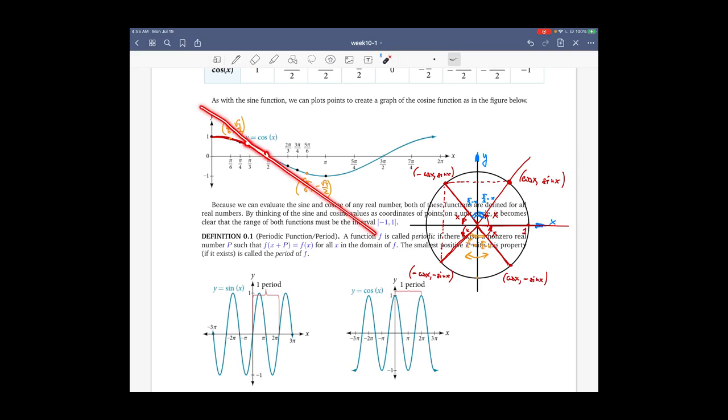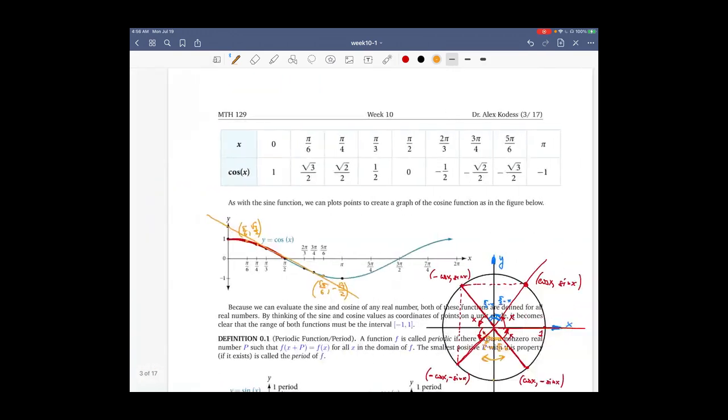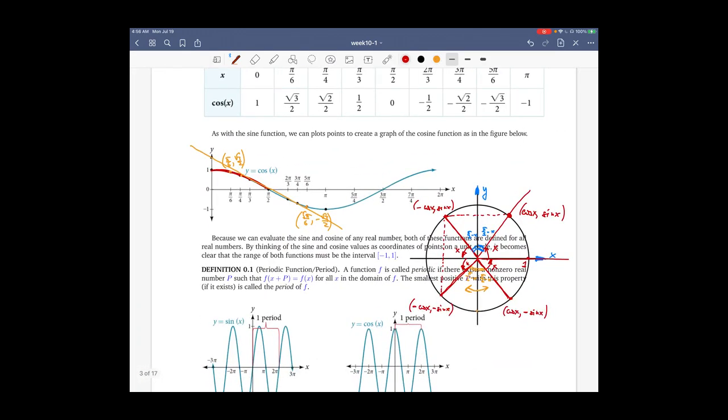Measure from the point (pi over 2, 0) the same distance as between the original point and the point (pi over 2, 0).